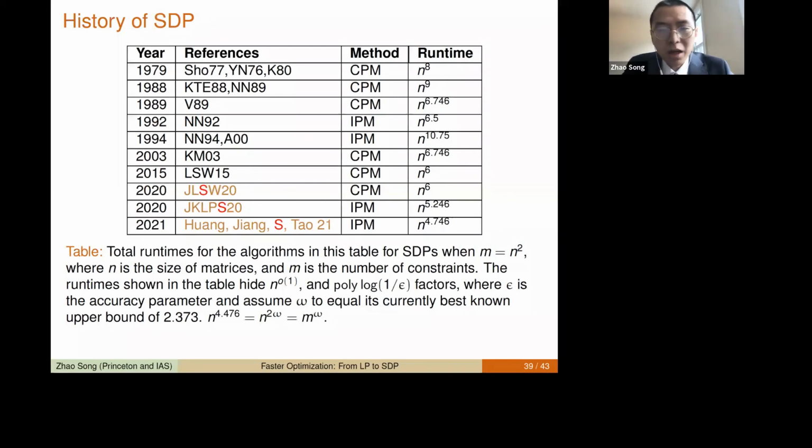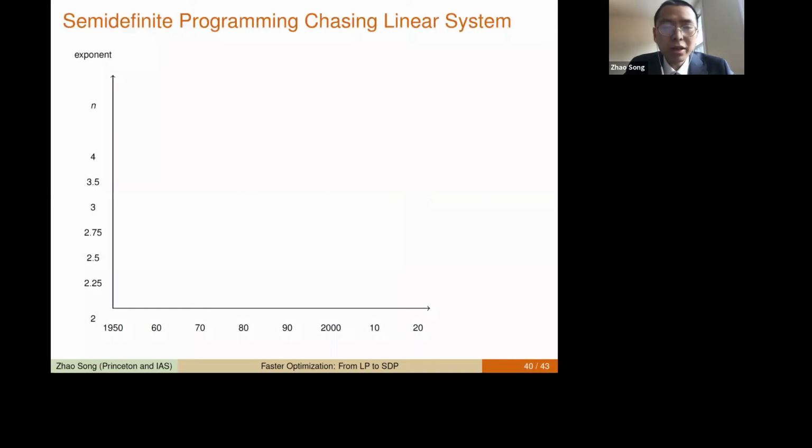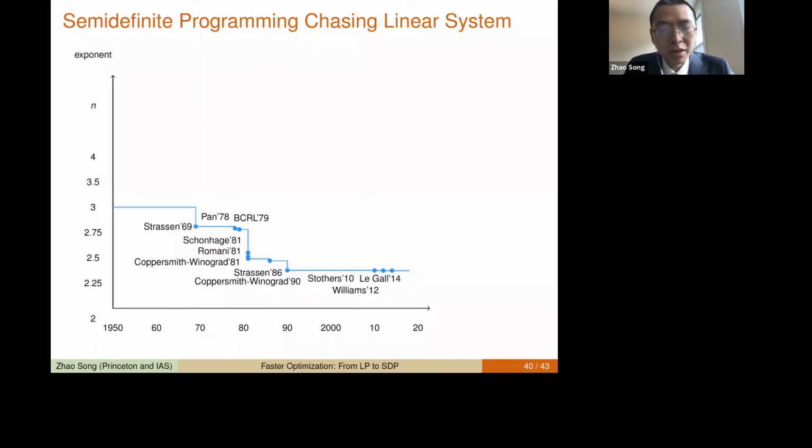In our work, we can bring it down to n to the 2 omega, because in the table we only consider m equals n square. So the running time we eventually get is n to the 2 omega, which is roughly n to the 4.746.